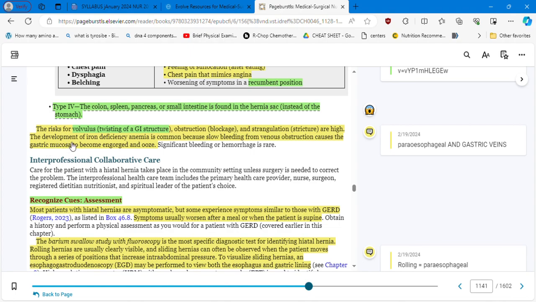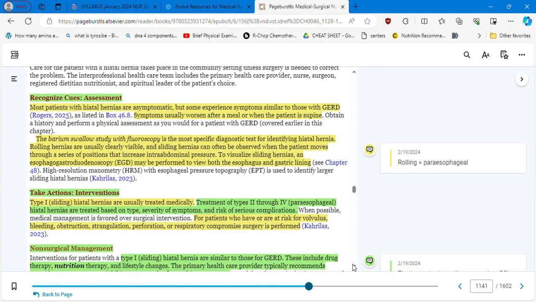The development of iron deficiency anemia is common because slow bleeding from venous obstruction causes the gastric mucosa to become engorged and ooze. Okay, so in the paraesophageal hiatal hernia, they are close to the gastric veins. Okay, so we need to think about that when we analyze the map.